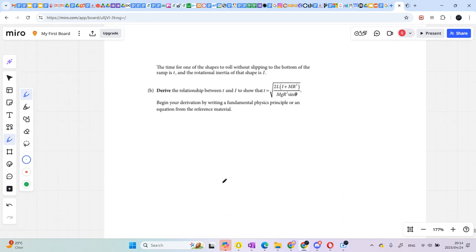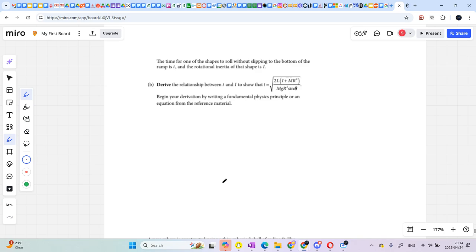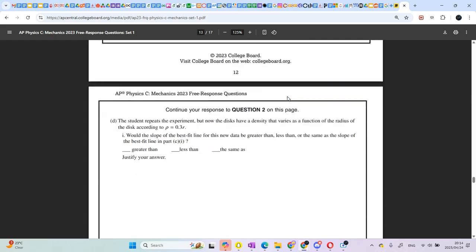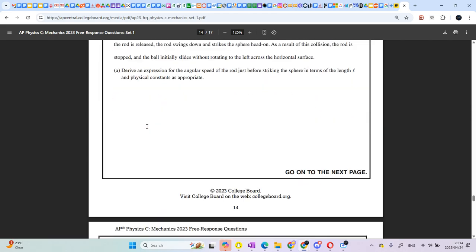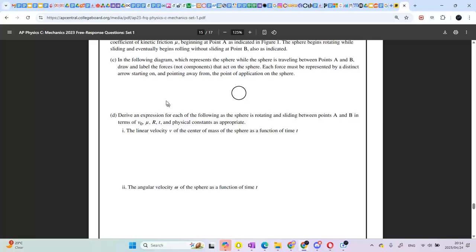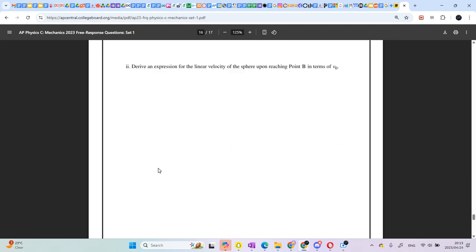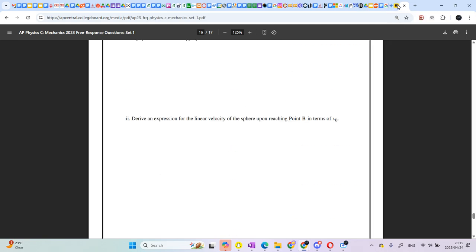Then you'll be asked to use mathematics to show relationships between quantities. This sub-question type is pretty much everywhere. Even in these old tests: derive an expression, derive an expression, derive an expression. Derive an expression for quite literally everything.